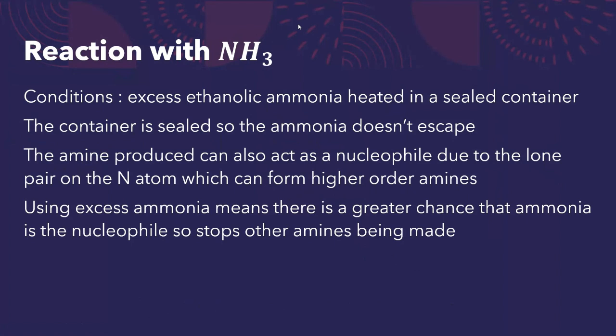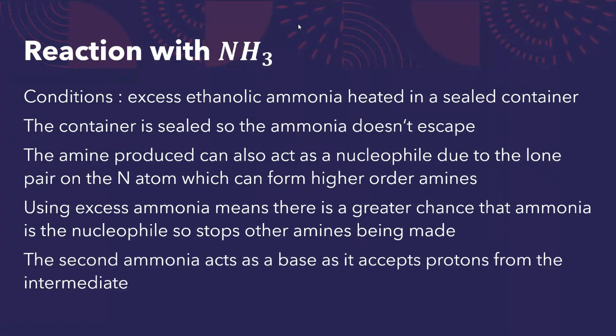So to stop this, use excess ammonia. There's a greater chance that ammonia is the nucleophile, so there's only one product made. And the second ammonia acts as a base when it accepts protons from the intermediate. But again, you don't need to draw that in the mechanism, only if you want to.